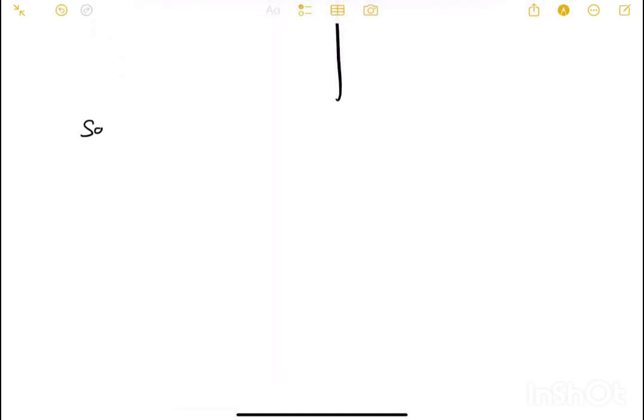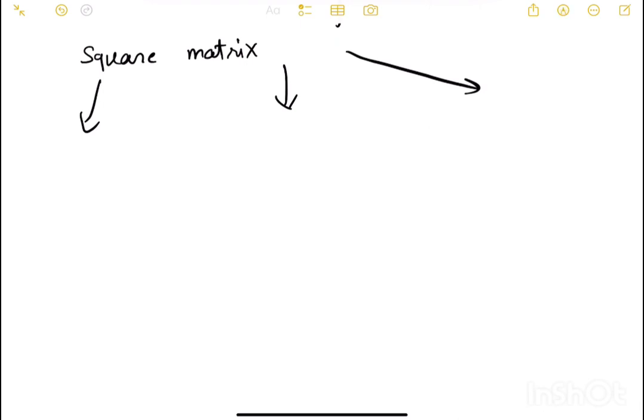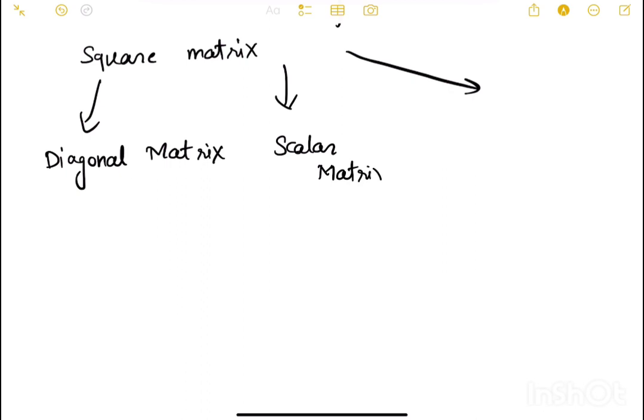Now in a square matrix we have further divisions. There are 3 types of square matrix. The first one is a diagonal matrix. The next one is a scalar matrix. And the last one is an identity matrix.